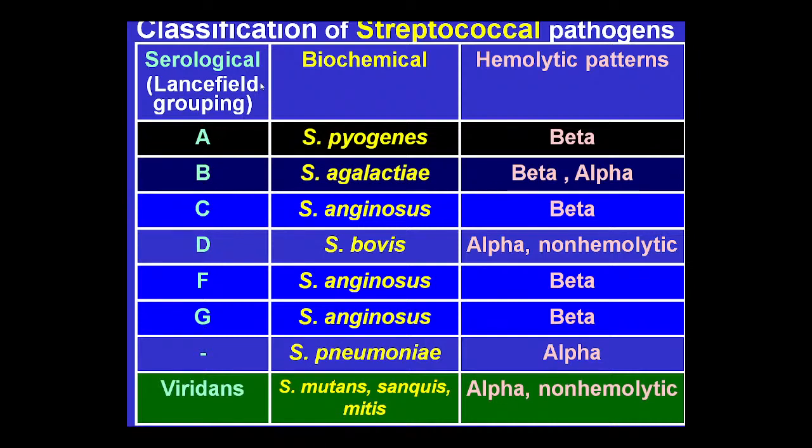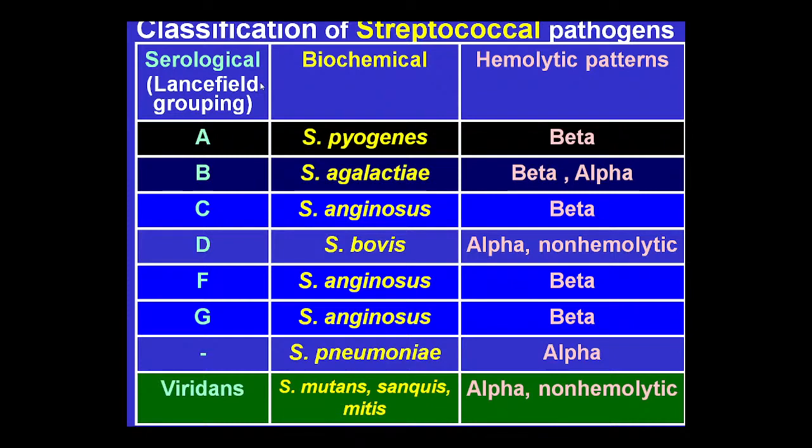Altogether, we have 17 groups, named by Latin letters from A onward, and just the first groups are given here. They are grouped into A, B, C, and so on by the precipitation test to reveal surface antigen.